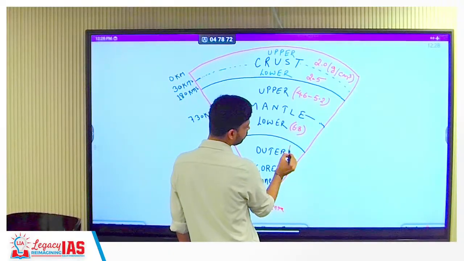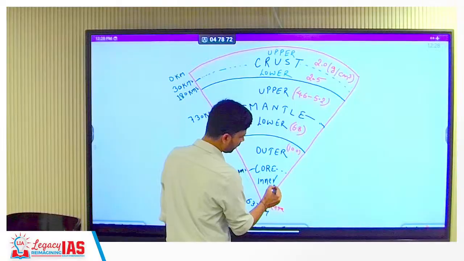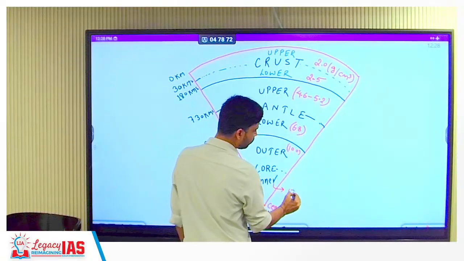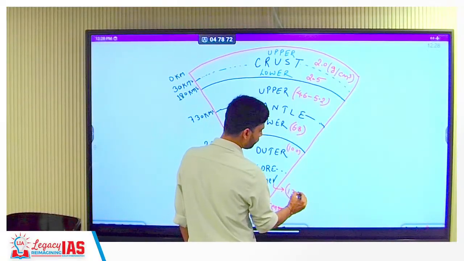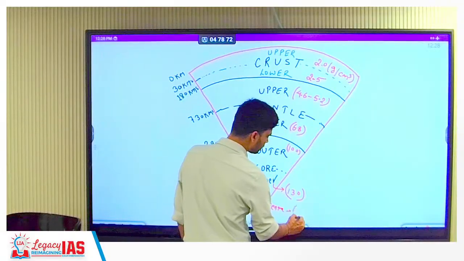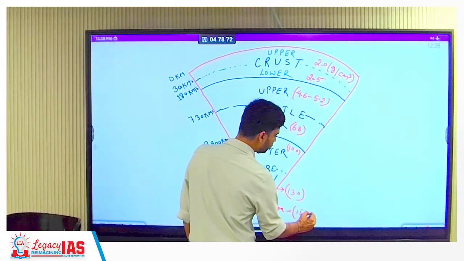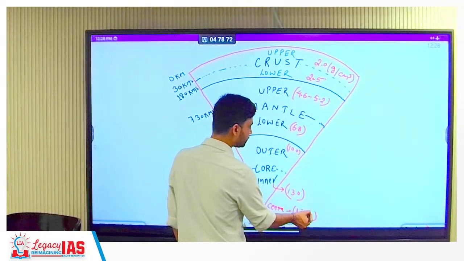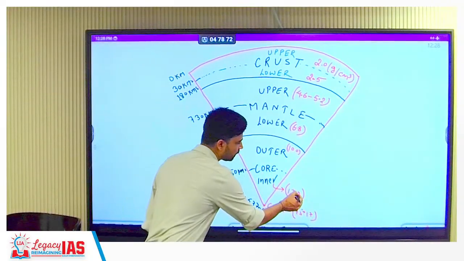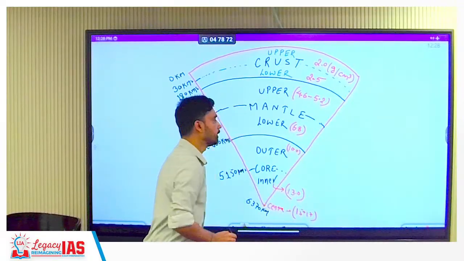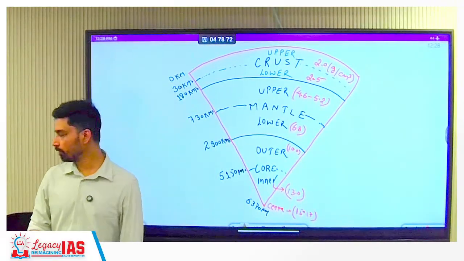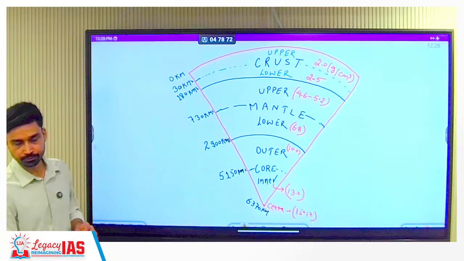In the outer core, it goes up to 10.0. In the inner core, it goes up to 13.0. And at the center, it is somewhere between 15 to 17. All are in the same gram per cubic centimeter. So that's how density varies from surface to center. The values in different layers are shown.